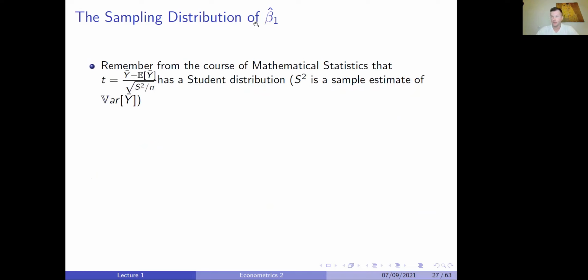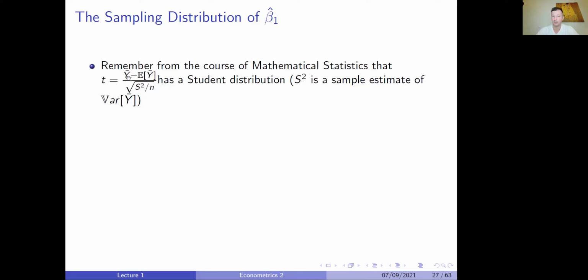Now, the sampling distribution of beta 1 hat and how we can make inferences. From the course of mathematical statistics, you are supposed to remember that there is a special statistic called the t-statistic. This t-statistic relates the mean, or sample average, the expected value of the sample average, and the sample variance, or the sample estimate of a variance, S squared.